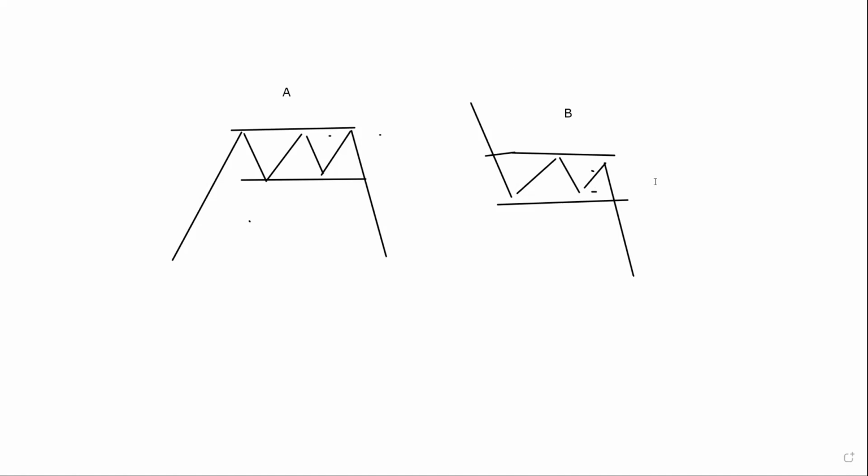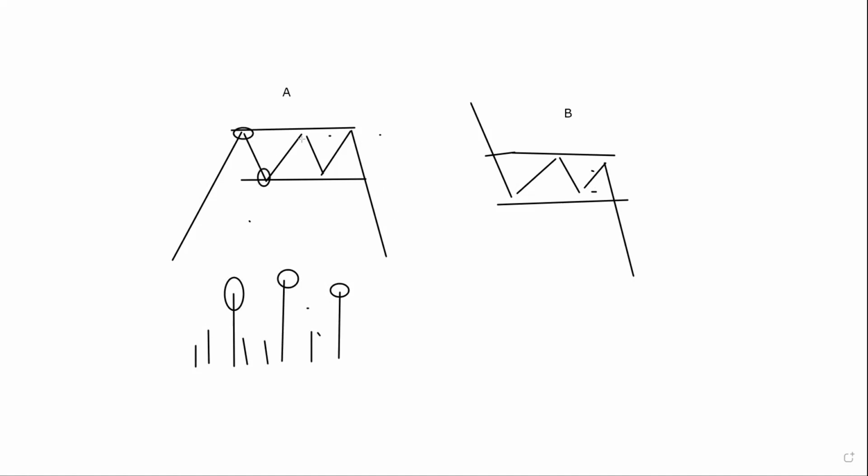During this distribution and redistribution process, you will see volume like this, and then a sudden increase in volume, then a decrease, then a sudden increase again. It's irregular. You will consistently see these kinds of irregular high volumes, especially when the market reaches the top and when the market reaches the bottom.